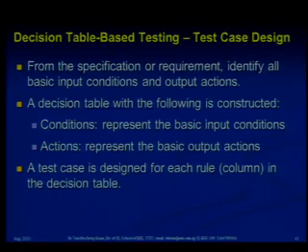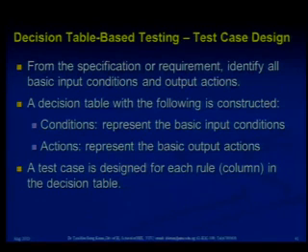Now we learn how to apply this testing technique to test each value of the combination of input conditions. The first thing we have to do is, as understood for all the blackboard testing techniques, work based on requirement, based on specification.